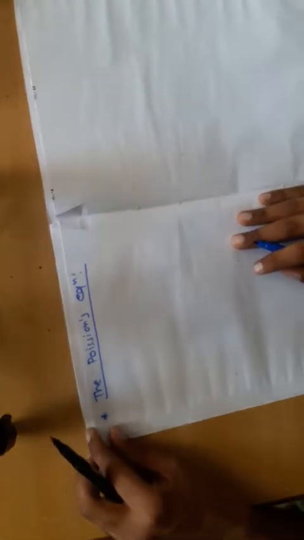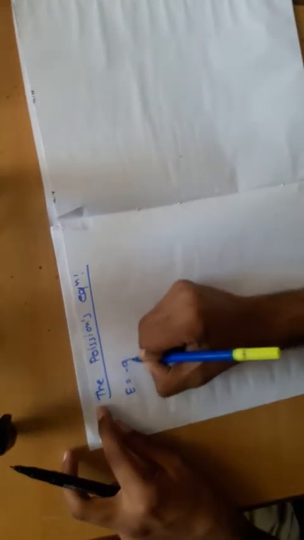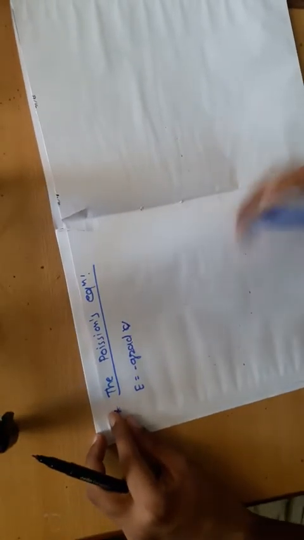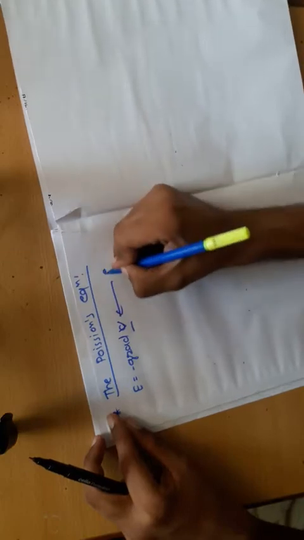Okay, so generally we have one equation, E is equal to minus gradient of V. V is nothing but the electric potential.